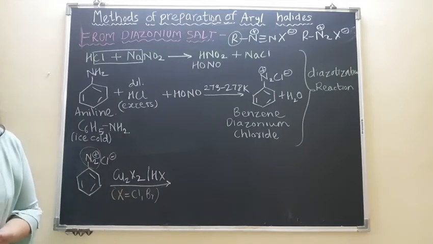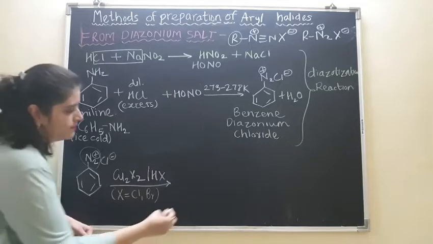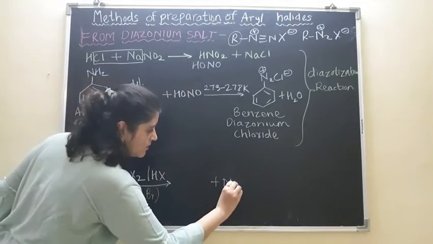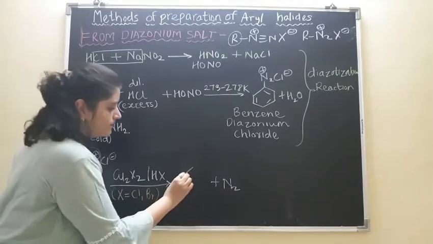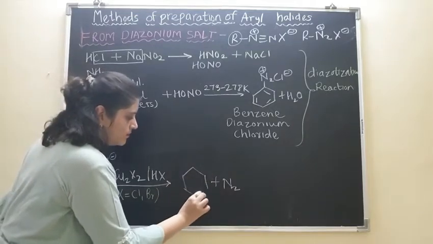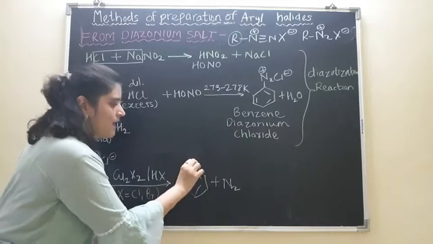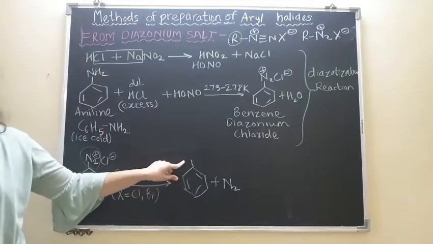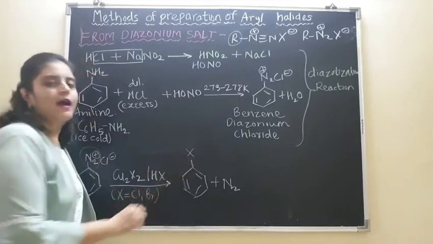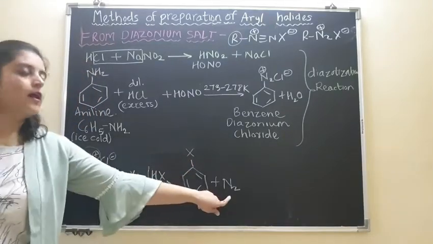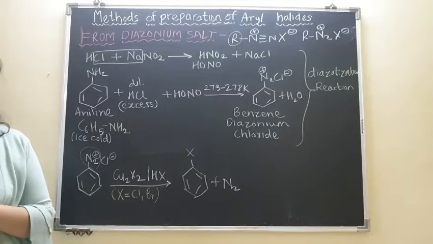So nitrogen gas will be evolved. One of the products that we have is N2. And instead of this N2+ Cl-, we will have our halobenzene prepared along with formation of nitrogen gas.